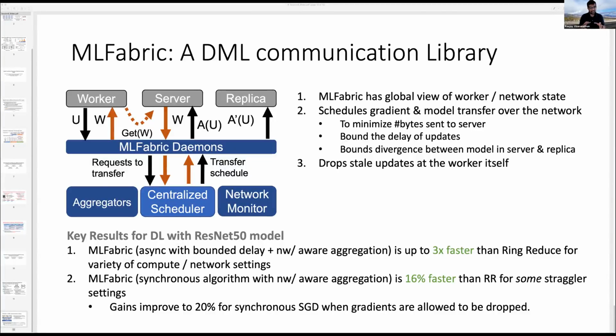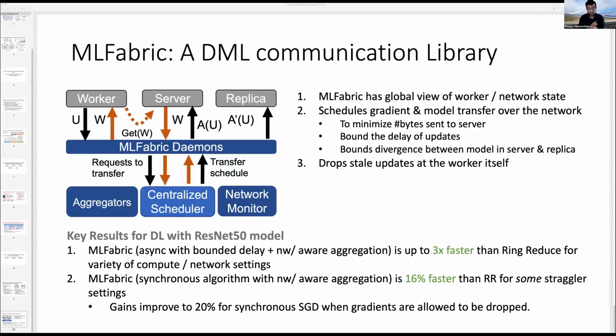The architecture has a centralized scheduler, which has knowledge of the bandwidth that is available at each node. It has complete knowledge of the delay of the updates, and it schedules the transfer of gradients between the different entities that are participating in the DML algorithm.